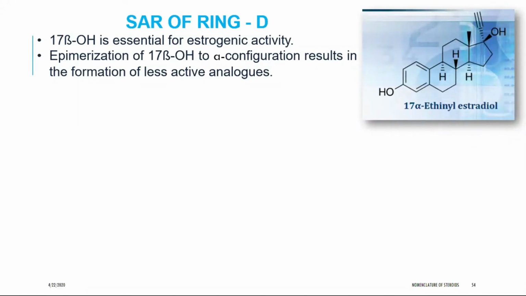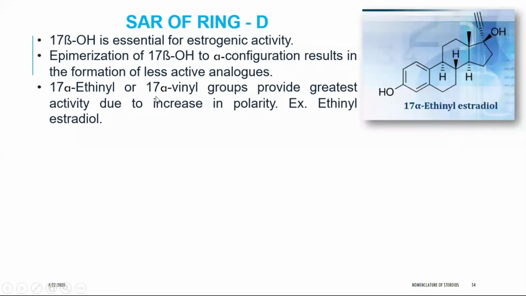Both the isomers, or both the structures, are called epimers of each other. So epimerization of the 17 beta hydroxy group, meaning conversion of 17 beta to 17 alpha, results in the formation of less active analogs.